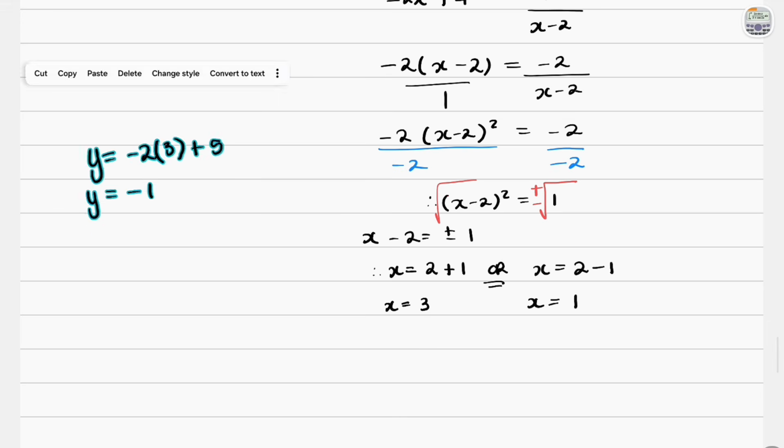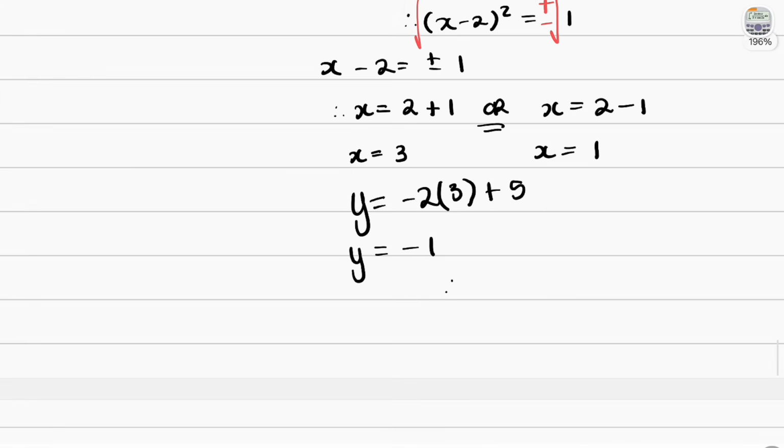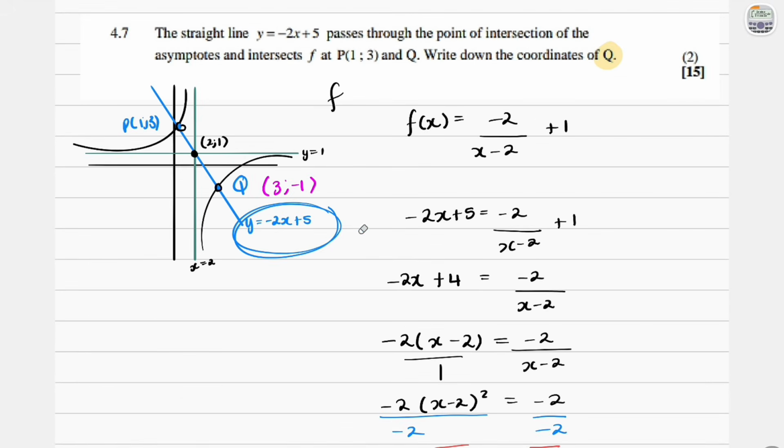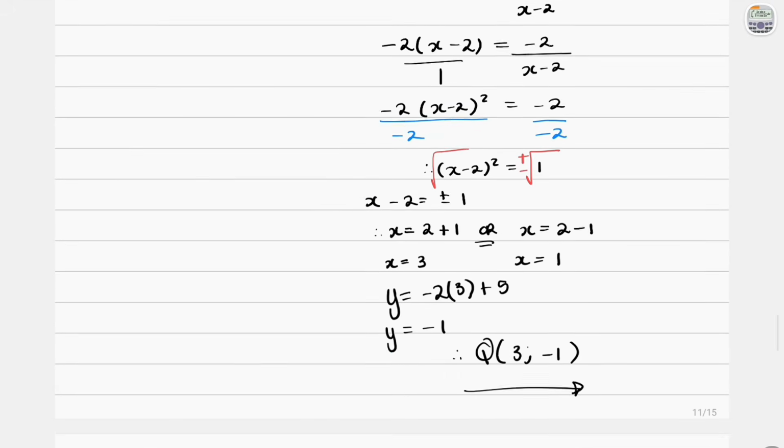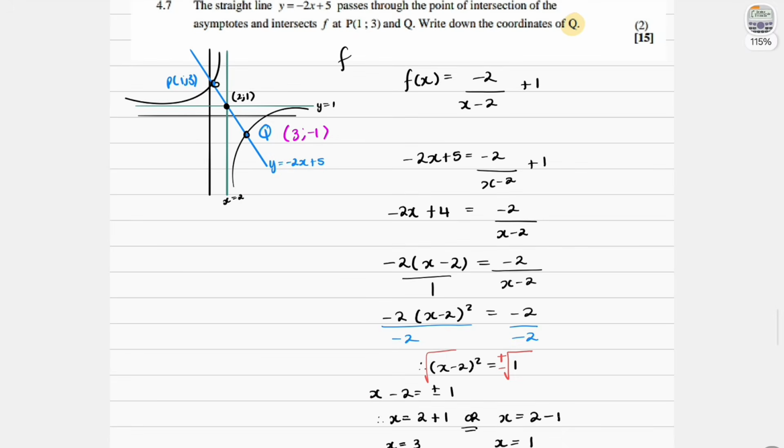I should have probably just put that here. So there we go. That would be Q. That's the other point. Q is therefore, the x value is 3 and the y value is negative 1. And that is our answer. Q is 3 and negative 1. And that is it for question 4.